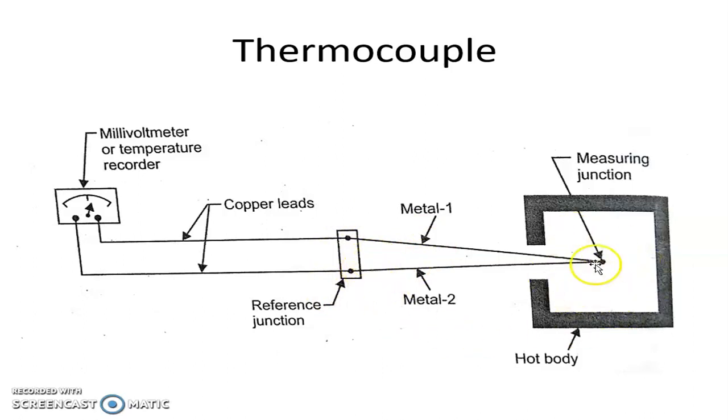And as the temperature of the measuring junction increases, the voltage developed across this system also increases. So this voltage developed across the system is directly proportional to the temperature of the measuring junction. Therefore here the temperature can be measured in terms of voltage.